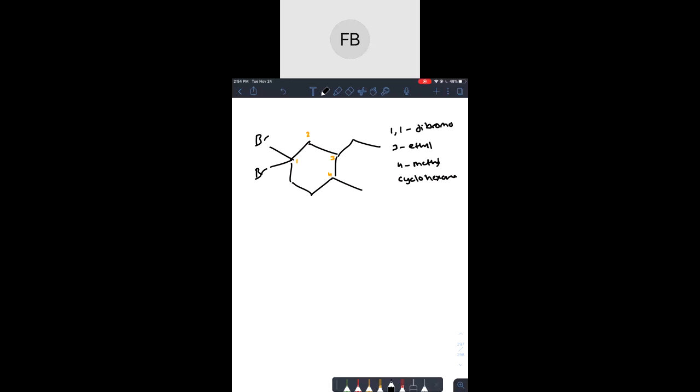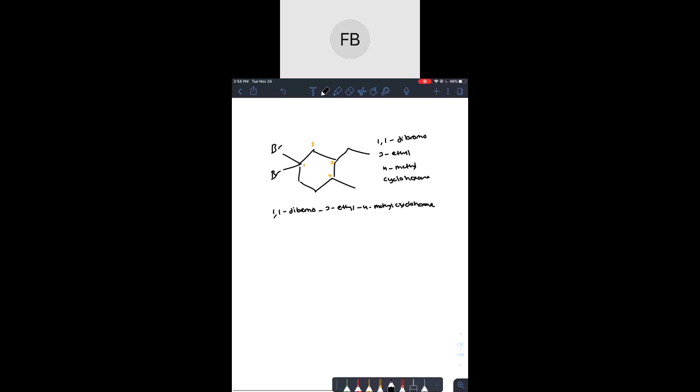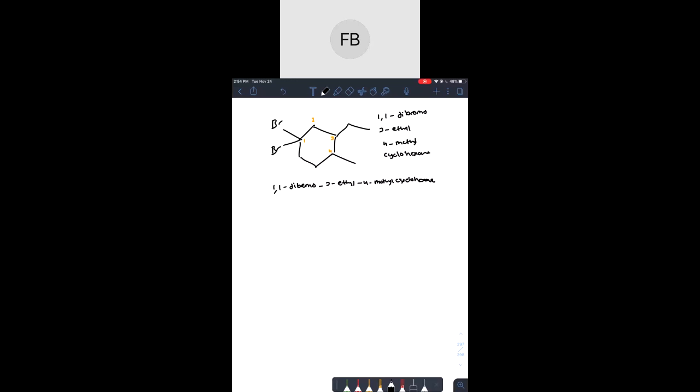Then I'm just going to put it all together according to alphabetical order. So 1,1 dibromo is going to be first. Then, as always, the ethyl goes next, because that's next alphabetically speaking. And then the methyl is going to go after that. And then you can just put your cyclohexane.